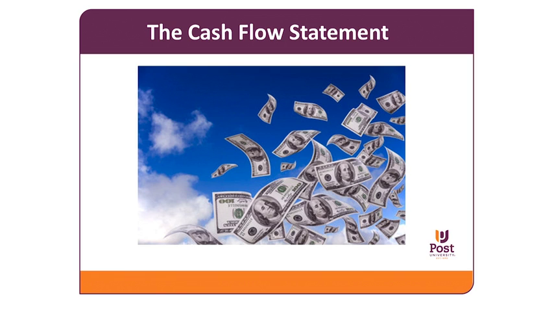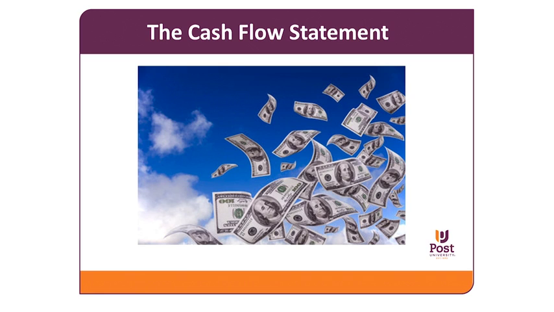There are two formats used in preparing a cash flow statement: the direct method and the indirect method. We only cover the direct method in this course, as the direct method will give you the basis you need for understanding the cash flow statement.